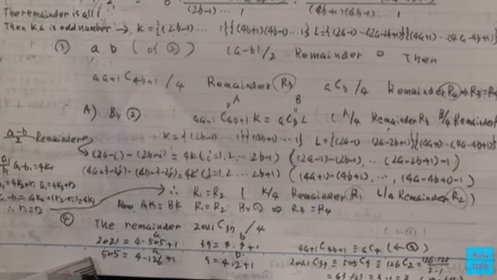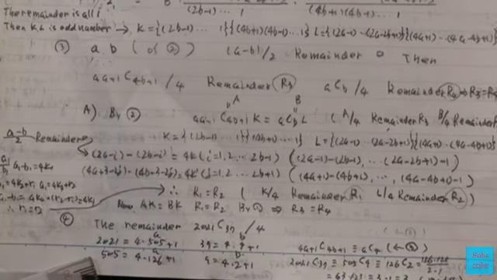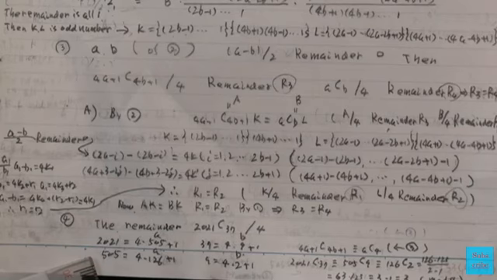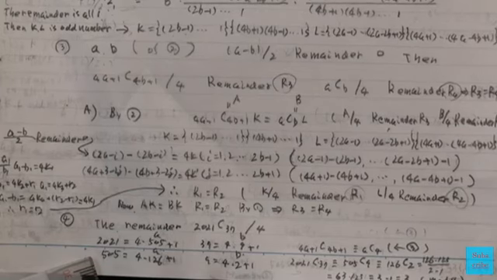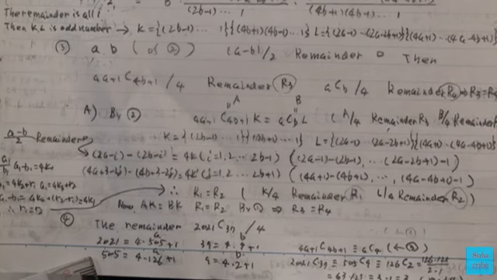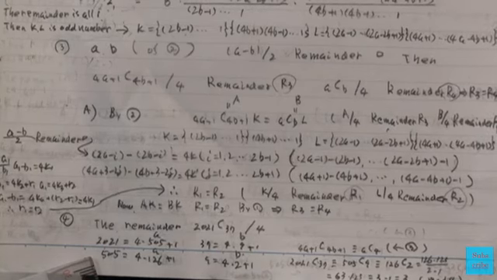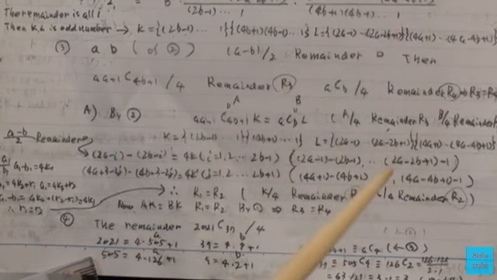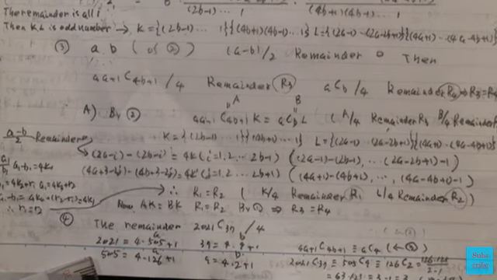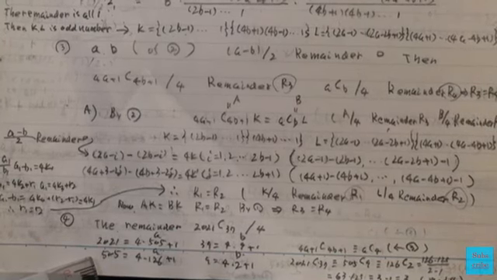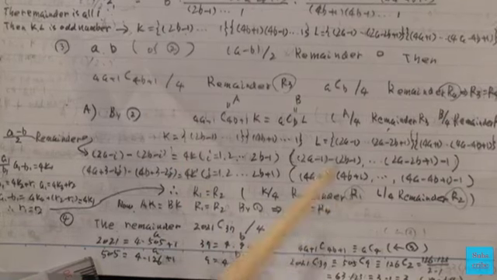R1 equals, by step 1, large K divided by 4, this remainder. And R2 equals large L divided by 4, this remainder. And then KL, large R1 equals large R2. And now AK equals BK, R1 equals R2 by step 1, R3 equals R4.